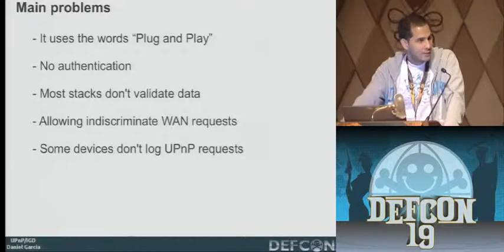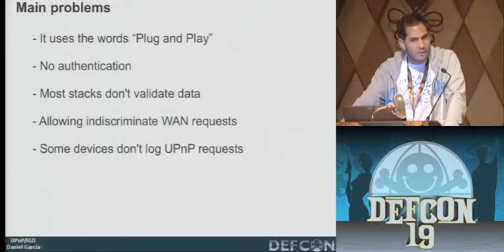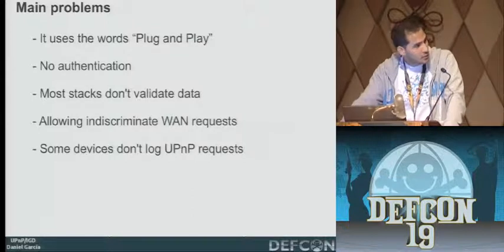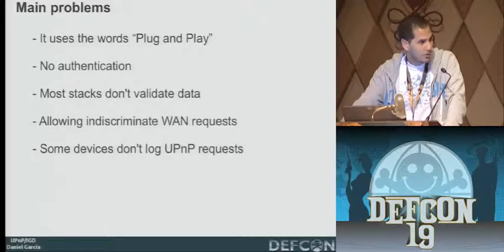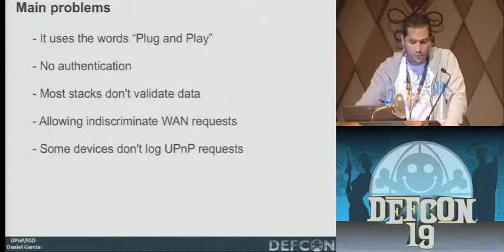In this case, a lot of stacks do not check if the internal IP is actually on the LAN. So what that allows us is to stick any IP that we want in that port mapping. If I want to add a port mapping at the device pointing to an Amazon IP at port 80, it's doable in most devices, which is also a little bit weird.